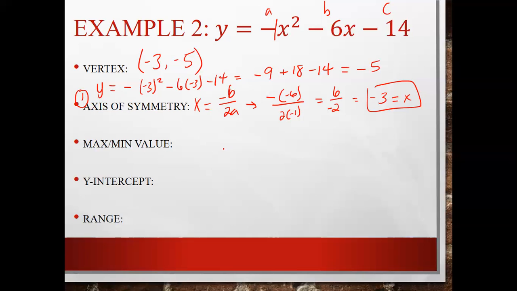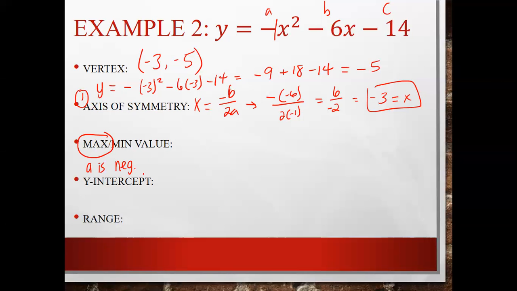Is this a maximum or a minimum value? It's actually a maximum because your A is negative. If your A is negative, you have a maximum. If your A is positive, you have a minimum. Remember that from yesterday?